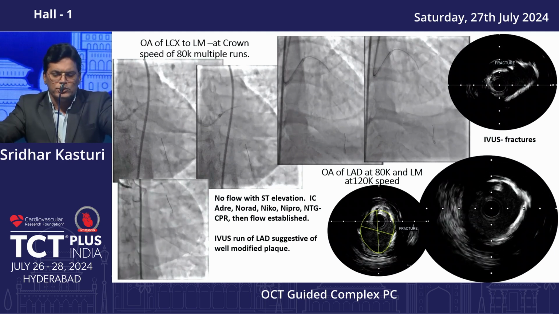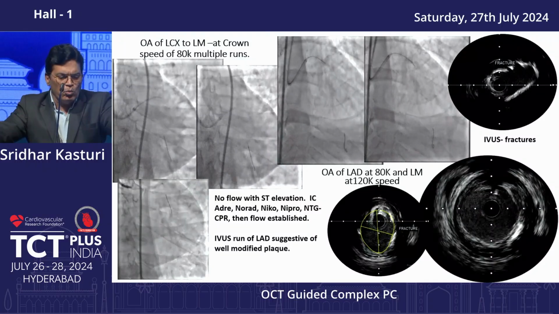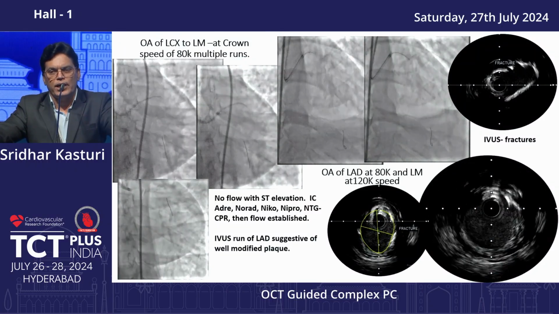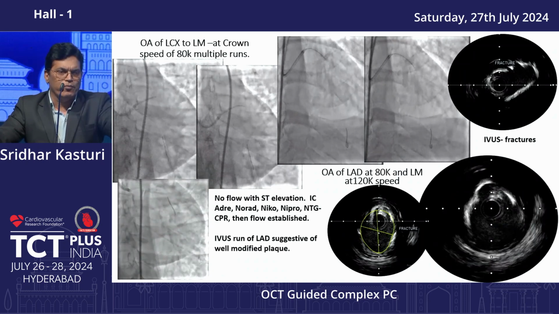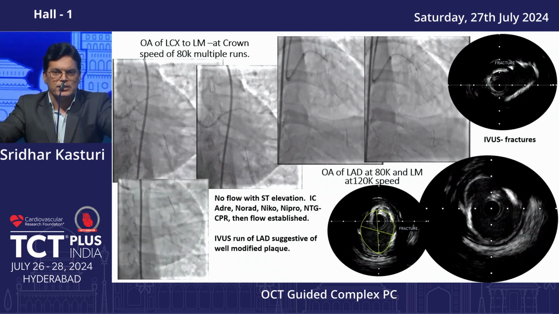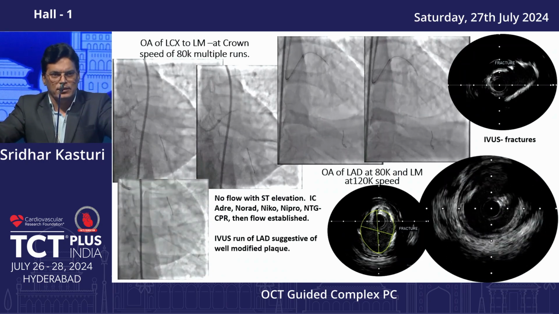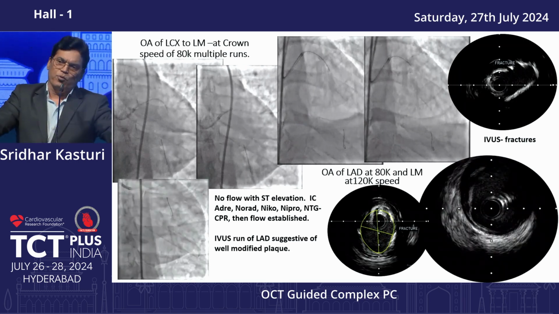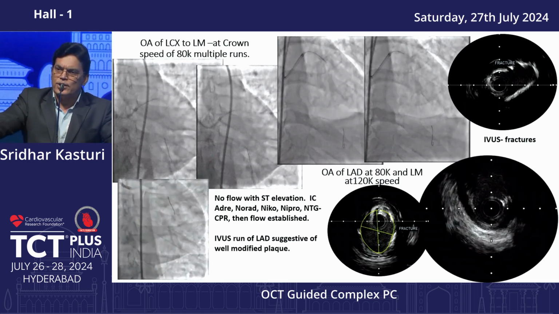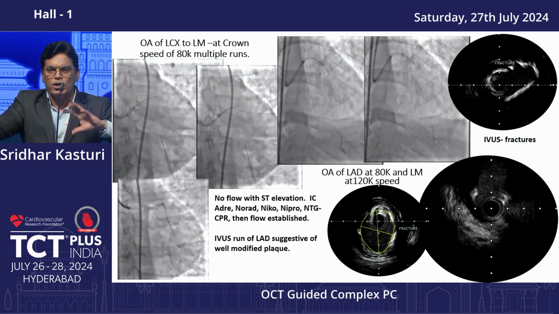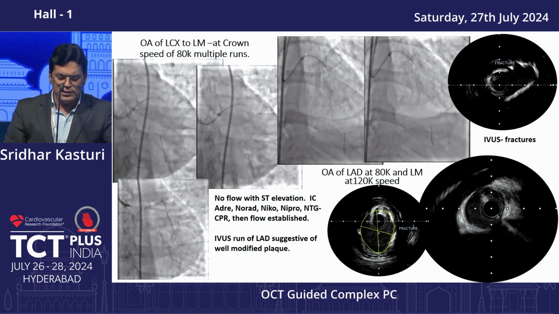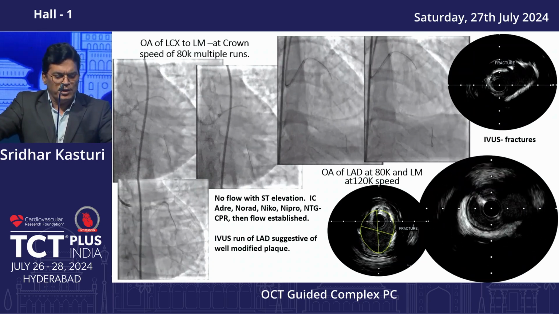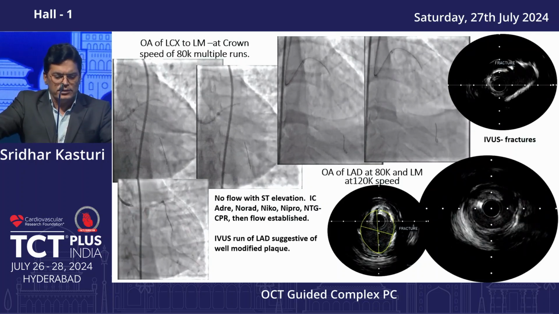Whenever you use orbital atherectomy, slow motion of the crown is very important, 1 mm per second. If you are moving the crown very fast, the ablation capacity of the crown is very less. Say, if you want 120,000 and you are moving fast, that is equivalent to 80,000 speed, slow speed. So after orbital atherectomy, again we acquired the IVUS studies.